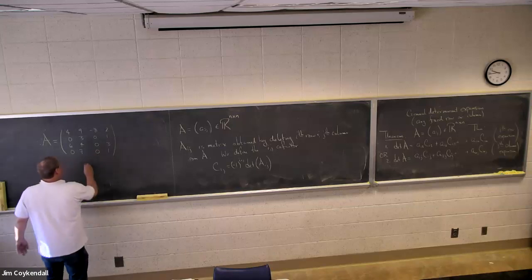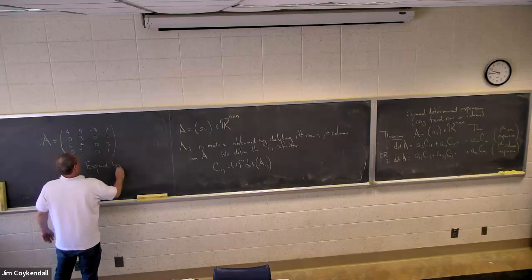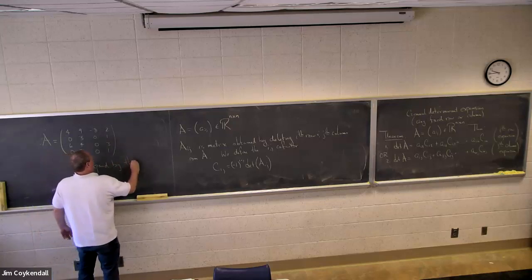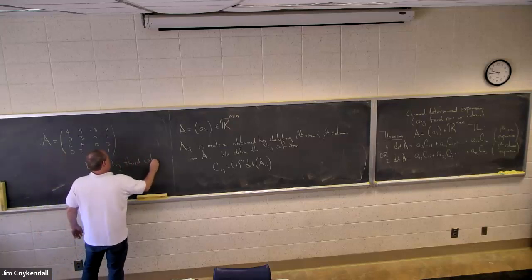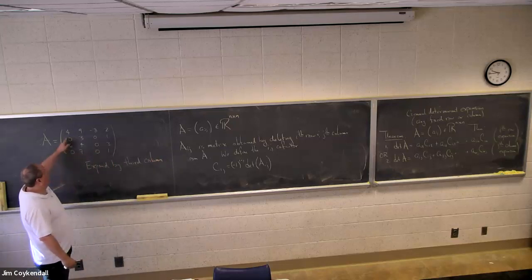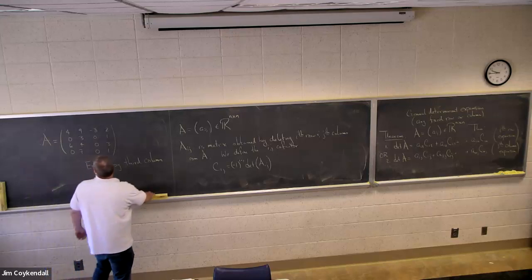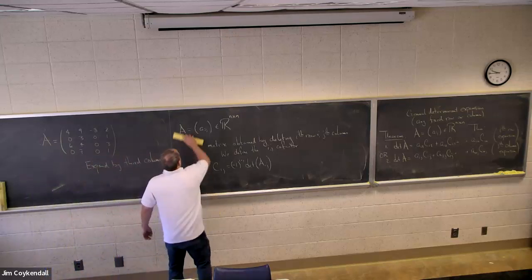So let's expand by the third column. If I was going to do a row, I would probably do row 2 or 4, wouldn't I? But the third column is even better because there's so much stuff missing.